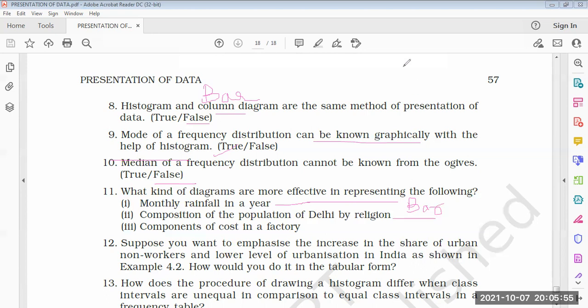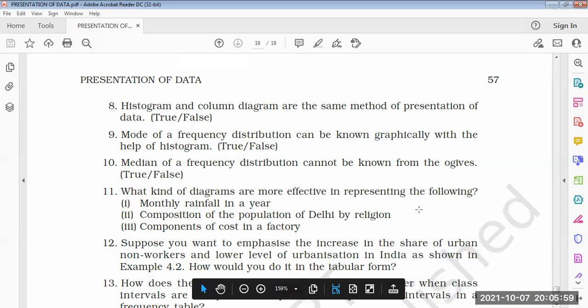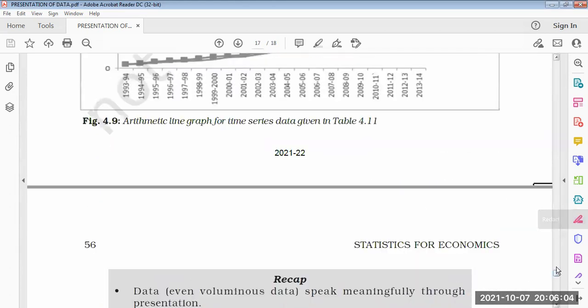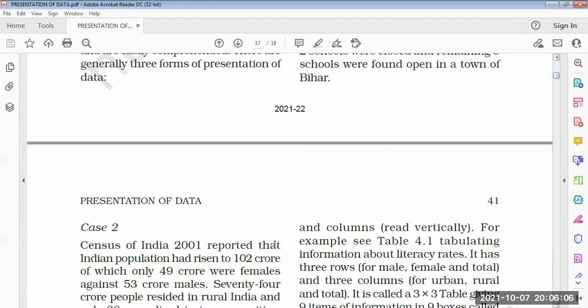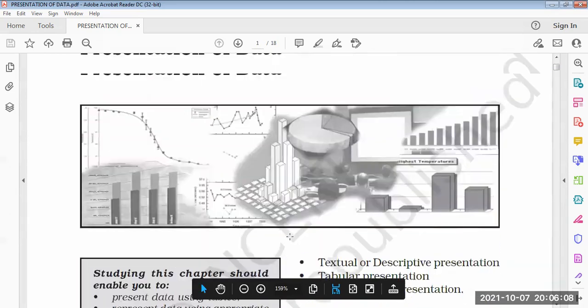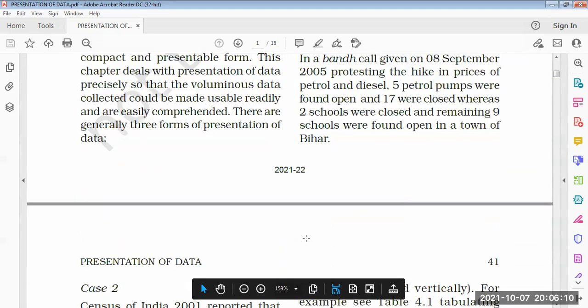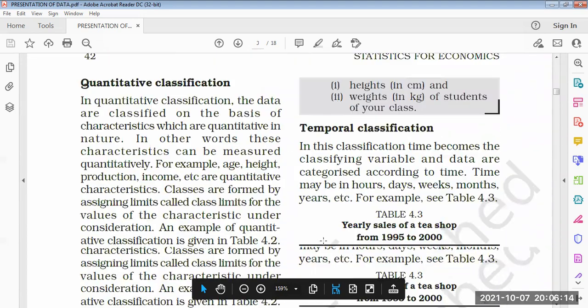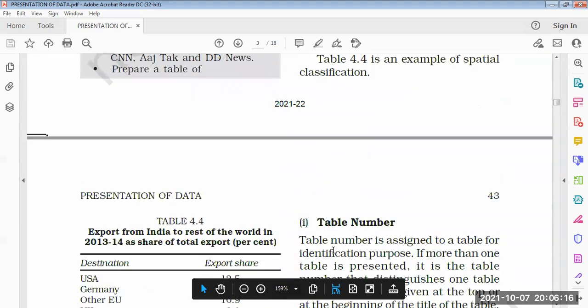Which is better? I will show bar diagrams. Which type of bar diagram? I have shown different bar diagrams. Recollect them. Component bar diagram is very useful in that.